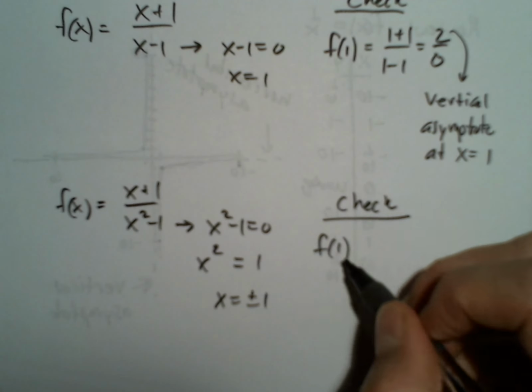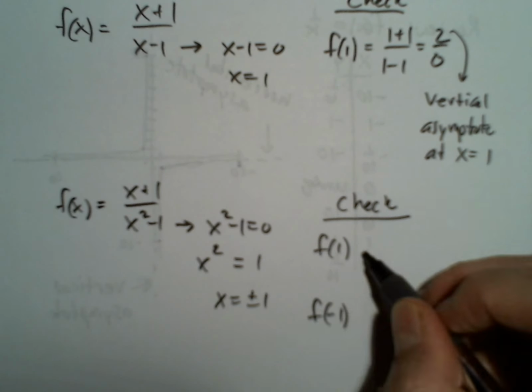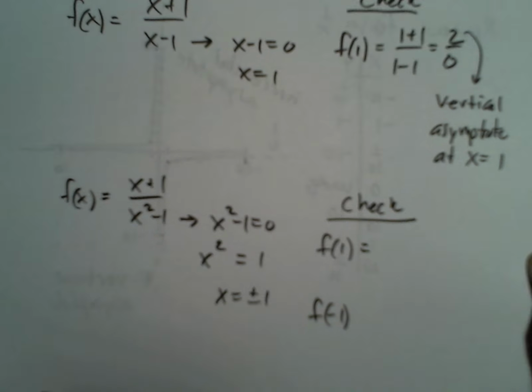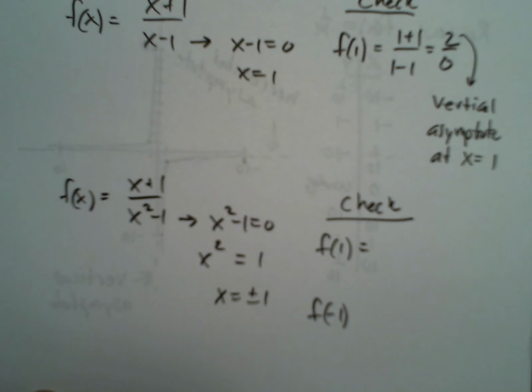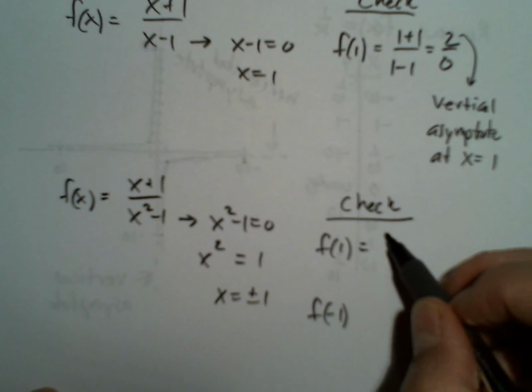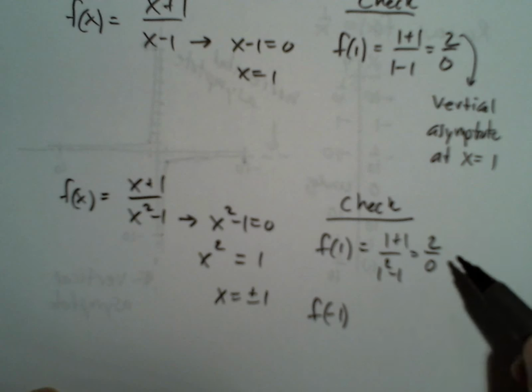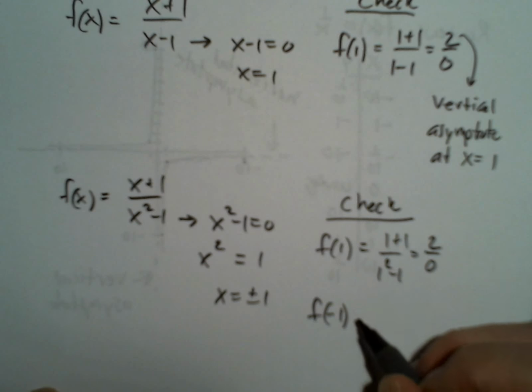Let's check f of 1 and f of negative 1. f of 1 is 2 over 0, so that is a vertical asymptote.